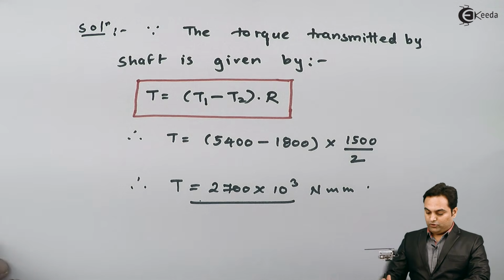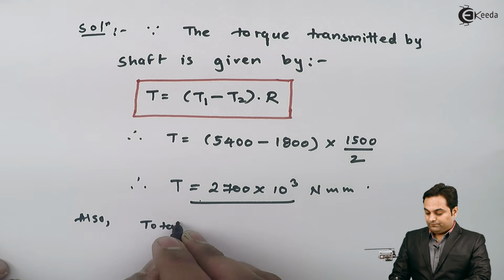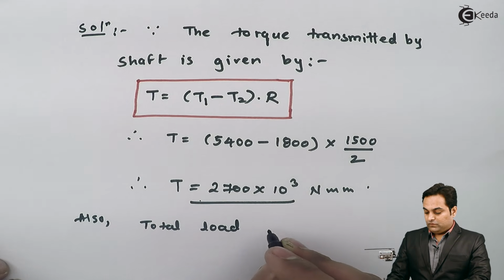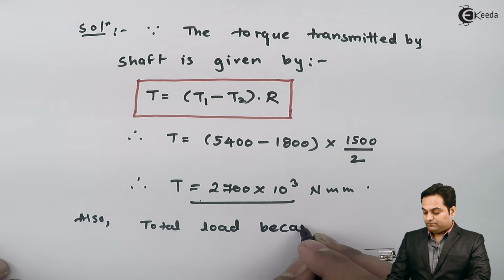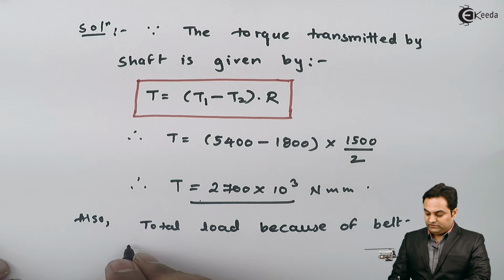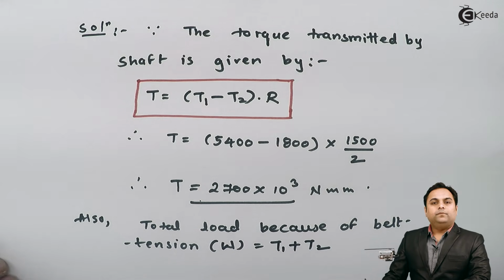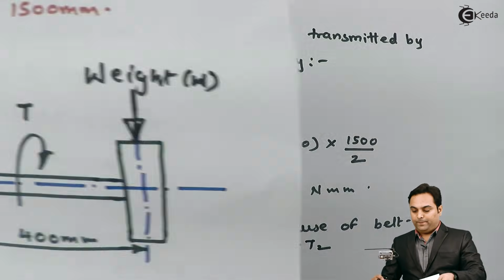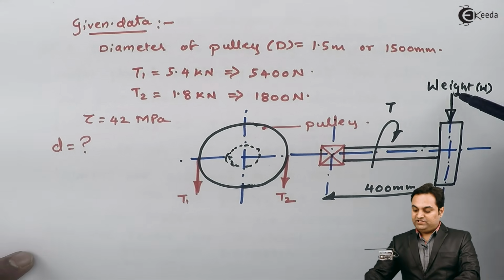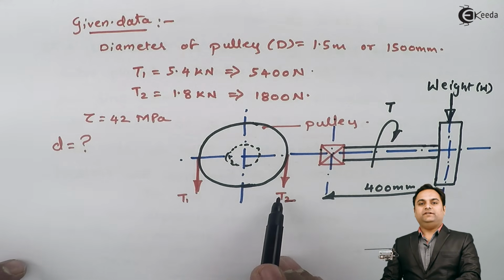Now I will say that also the total load because of belt tension, that is capital W, will be equal to T1 plus T2, because as we can see in the problem, the weight which is acting is nothing but the weight of the belt tensions on both the sides.